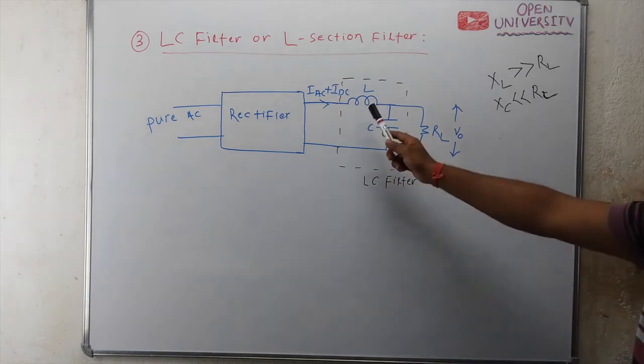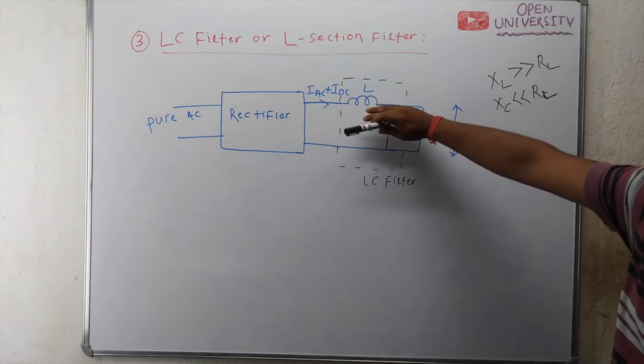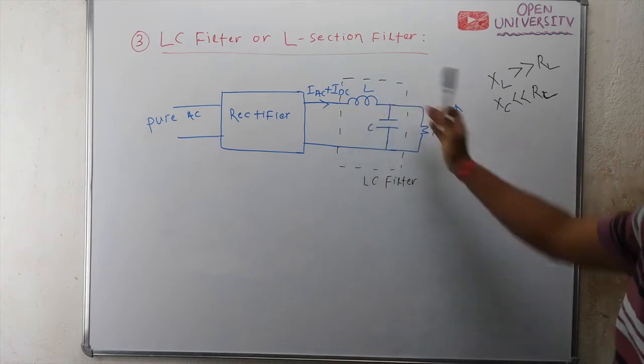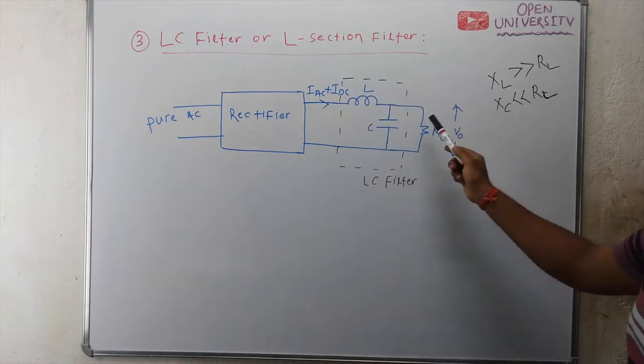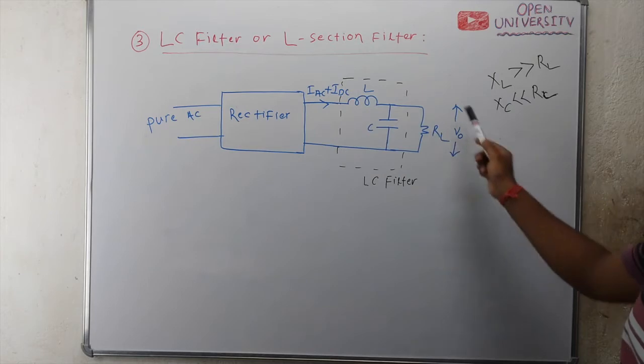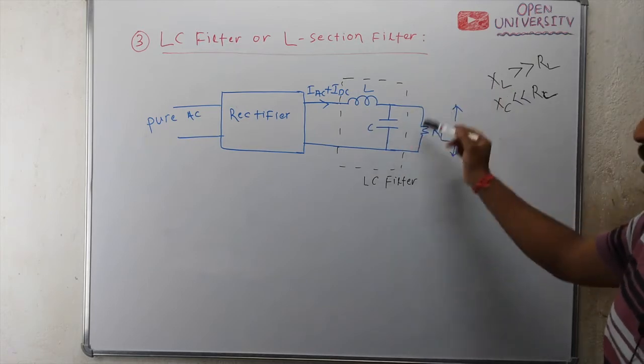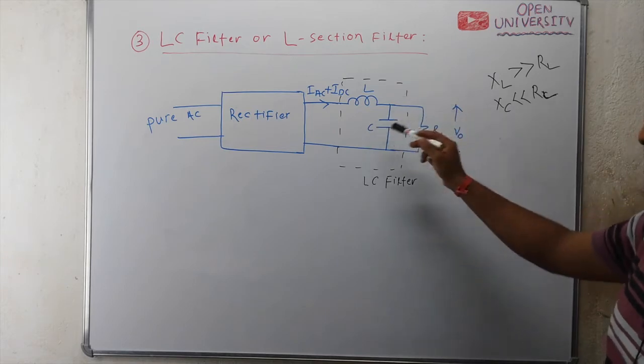In the inductor filter, what happened? There was no capacitor, so a certain amount of AC component was there in RL. Now if you want to remove this AC component further, you need to connect a capacitor like this.